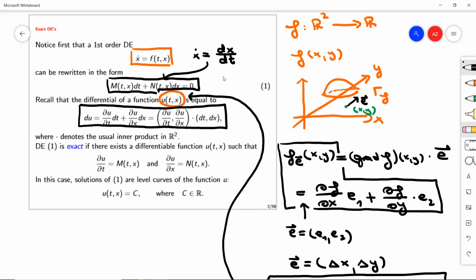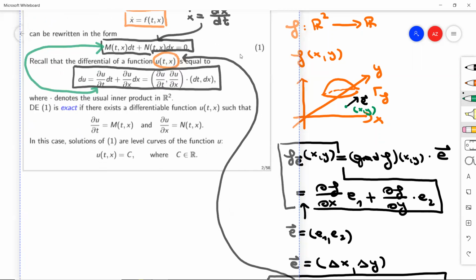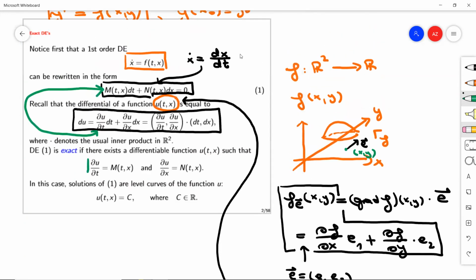And if you compare this with the differential of u, what we notice here is, if we try to say that this m of t,x is in fact the partial derivative of u with respect to t, and then this n is the partial derivative of u with respect to x.